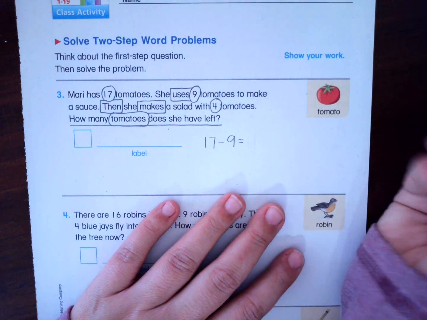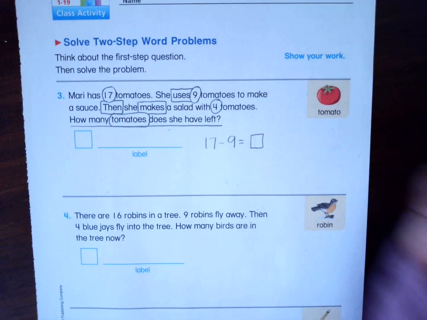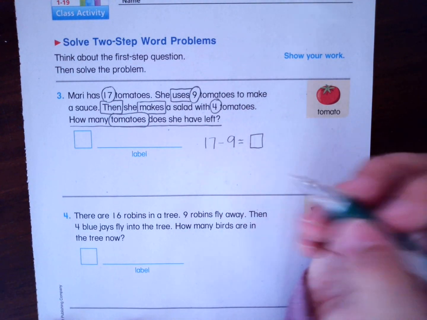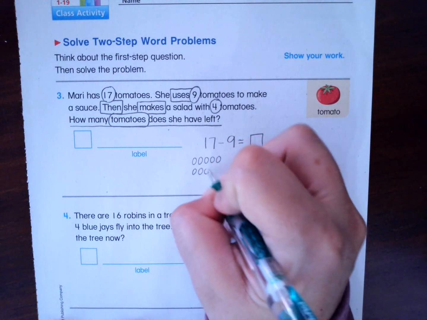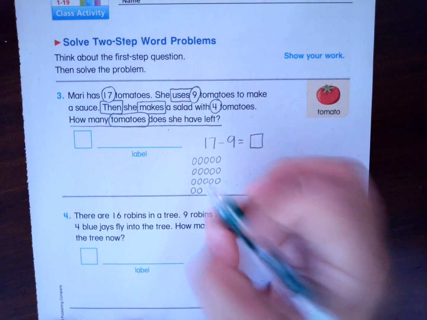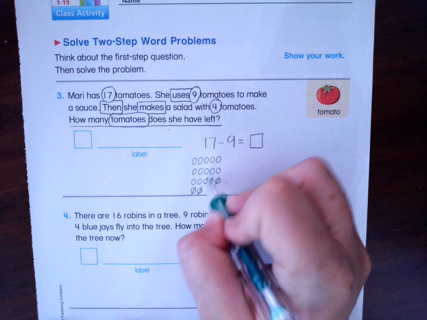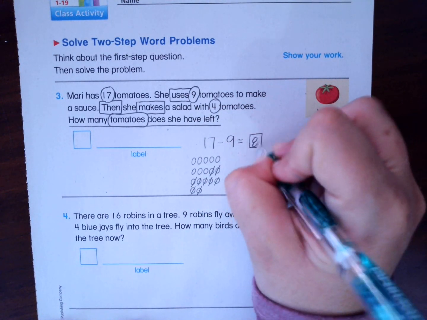So I'm going to solve the equations separately. So 17 minus 9, I can draw my 17 circles. And I can cross off 9 of them. Maybe you already know that the answer is going to be 8.